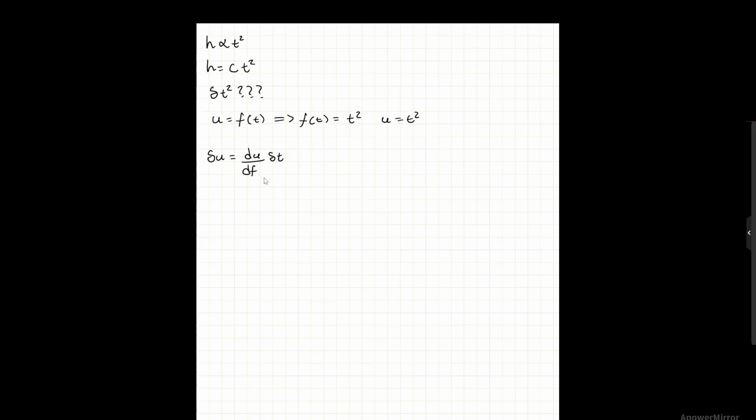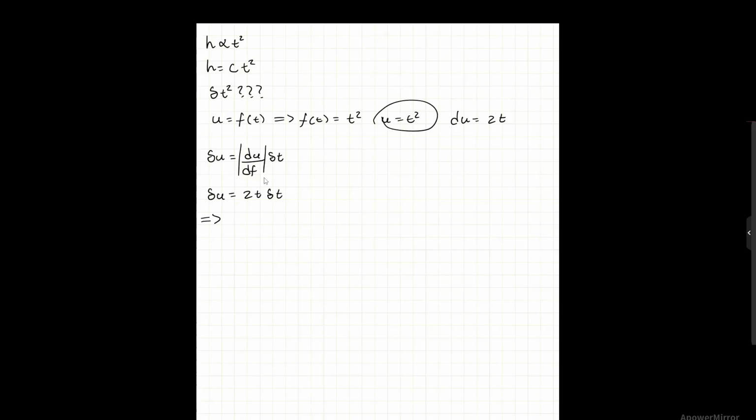So what we have to do now is take the derivative of this function right here. If we take the derivative, we get du equals 2t. So the uncertainty is equal to 2t times the uncertainty in t.